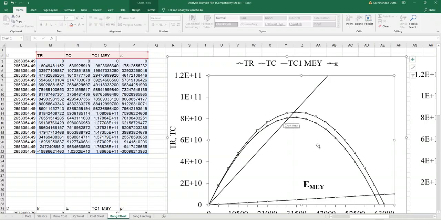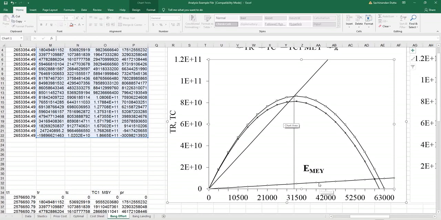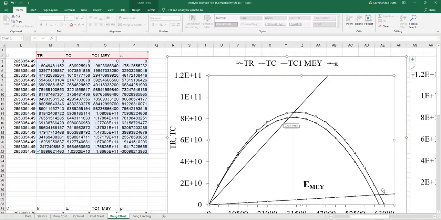So this is the total cost line, and TC1 of MEY is this line. What will be the middle term?